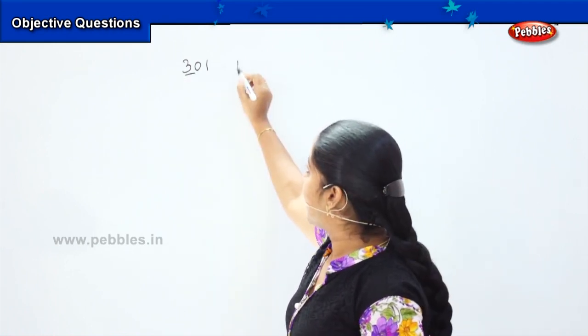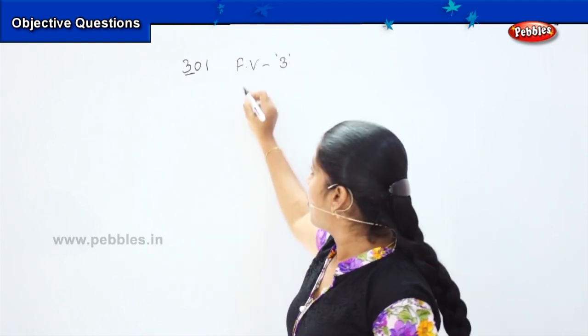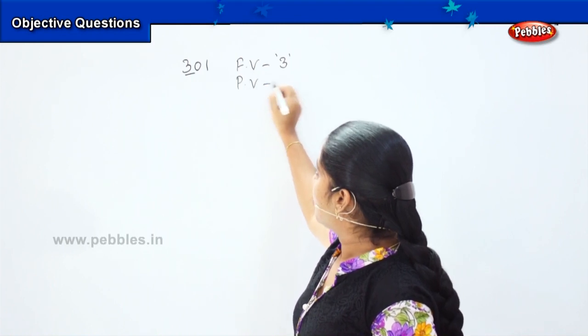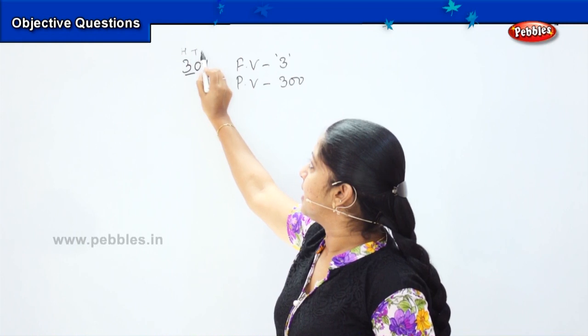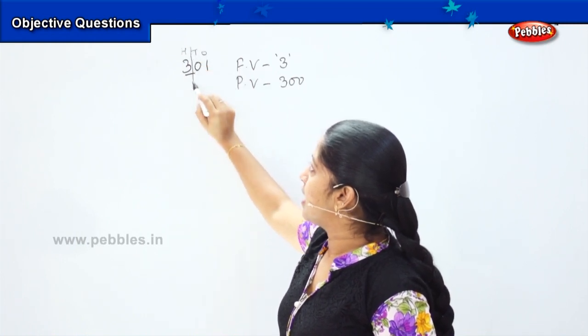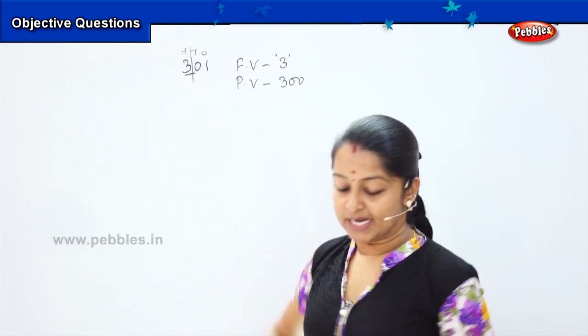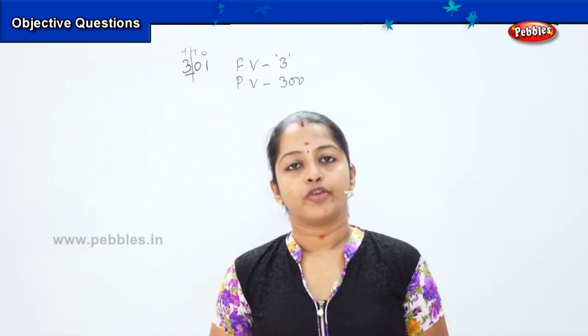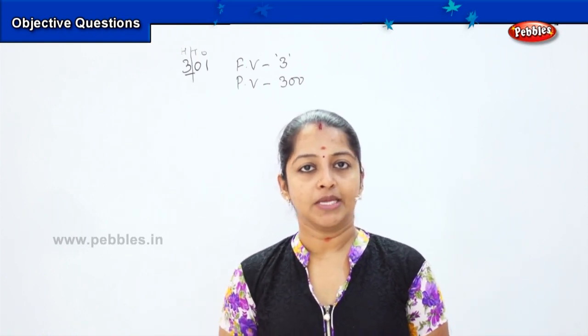It will remain as 3. It will not change. Whereas my place value will be hundreds because it is H, T, O and 3 comes in the column of H. Okay. So based on this pattern, I am going to give you few questions. Are you all ready to solve the questions along with me?